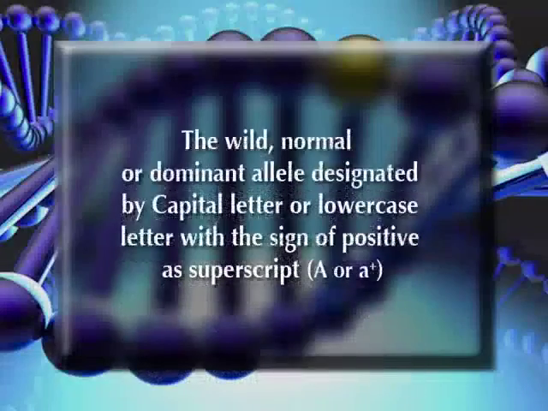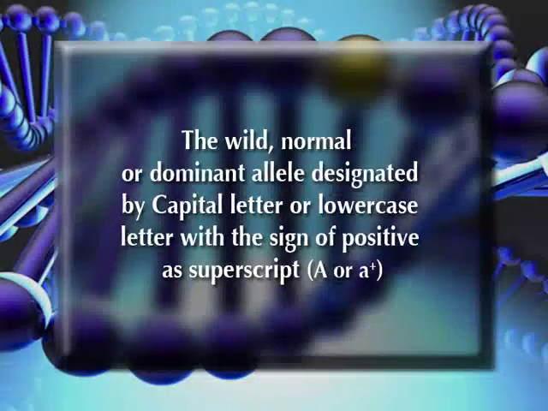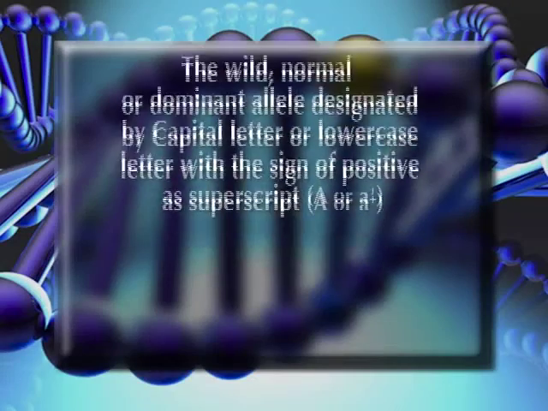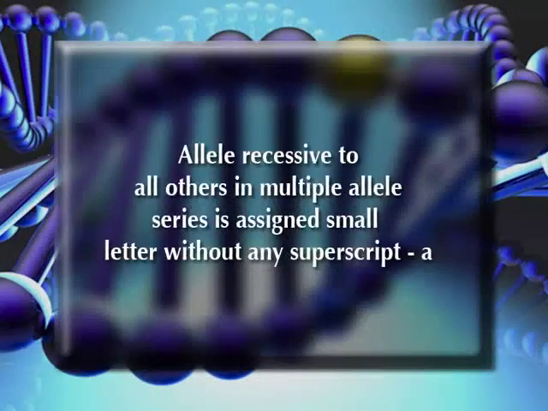The wild, normal or dominant allele is designated by a capital letter or lowercase letter with the sign of positive as superscript, A+ or a+. The allele recessive to all others in a multiple allele series is assigned the small letter without any superscript, a.